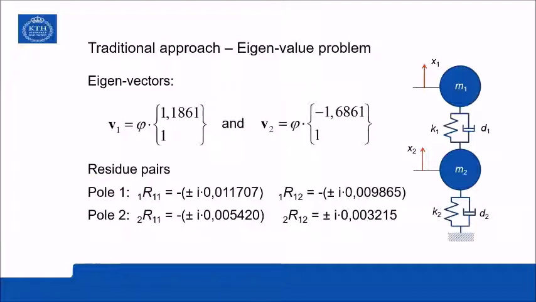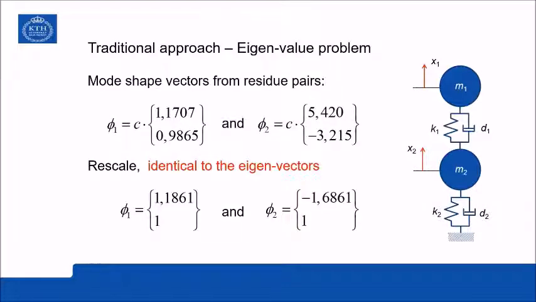Well, we obtain the following pairs of residues, and in the same way as we did before, we can construct our mode shape vectors from this and rescale, and we will find after the rescaling that once again the mode shape vectors are actually identical to the eigenvectors.